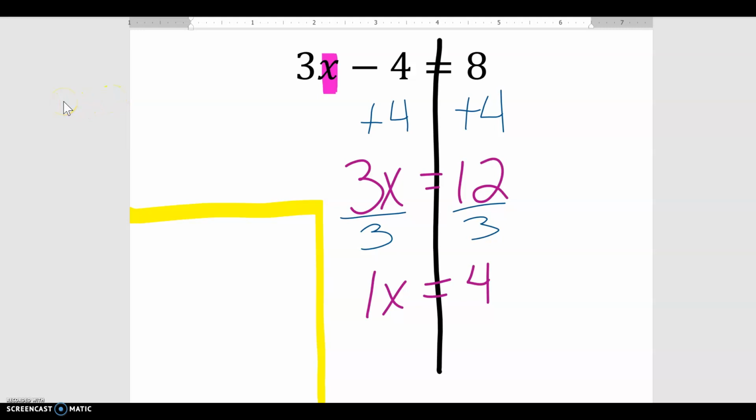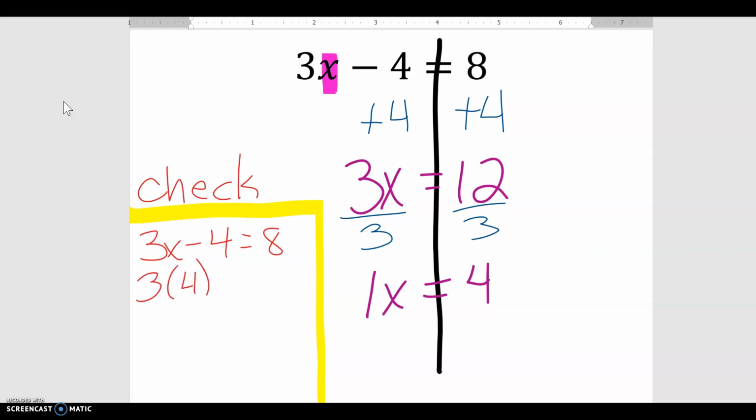So I'm going to use 3x minus 4 equals 8. And instead of the x there, I'm going to change that to the 4 that we came up with that x is equal to.